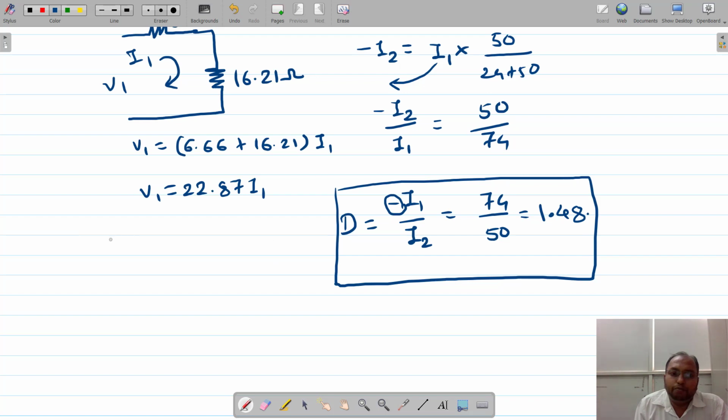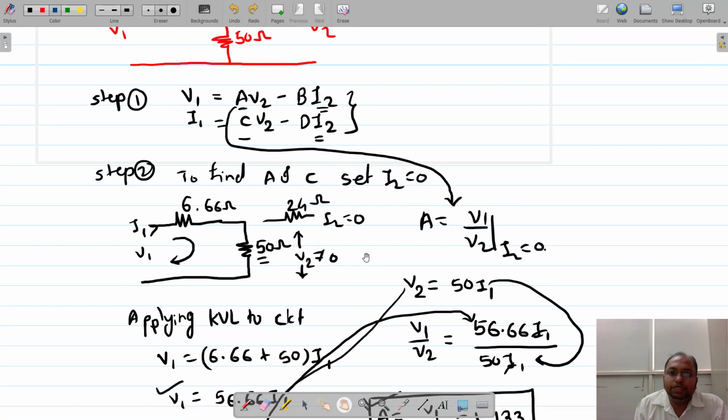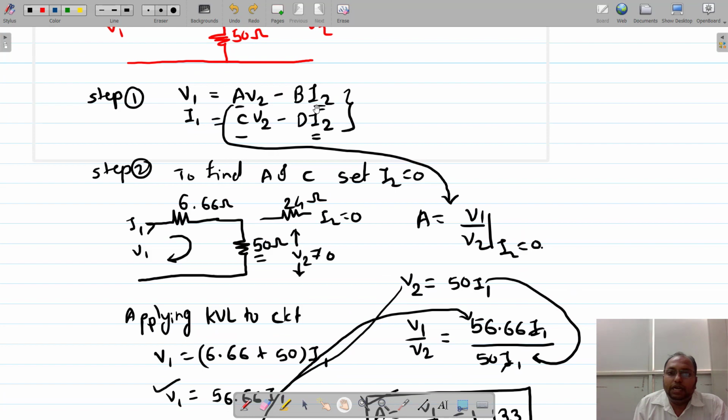Now how to find out B? B is the ratio of V1 to I2.